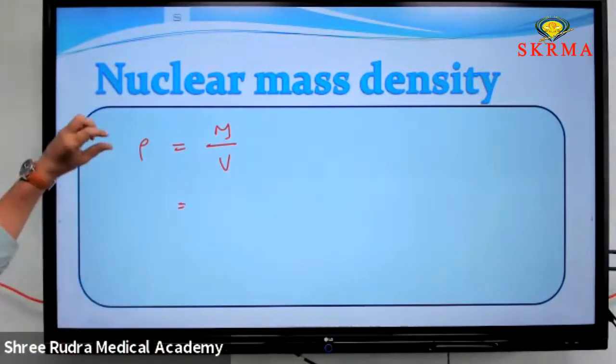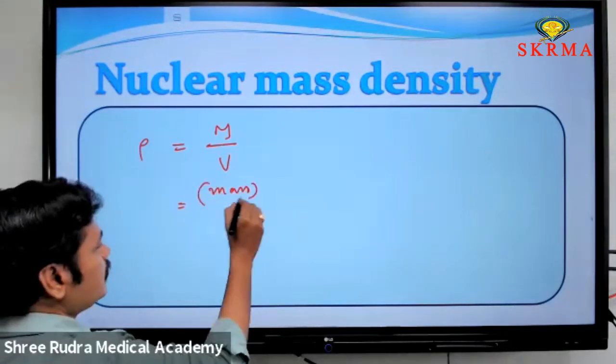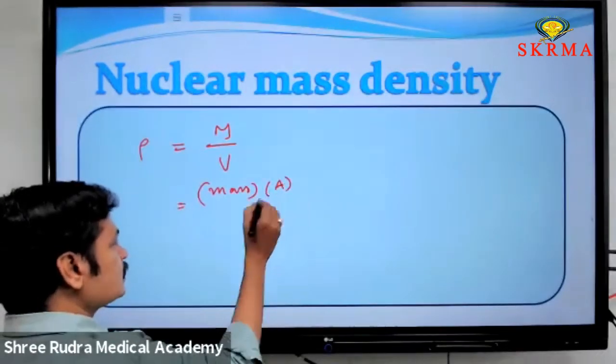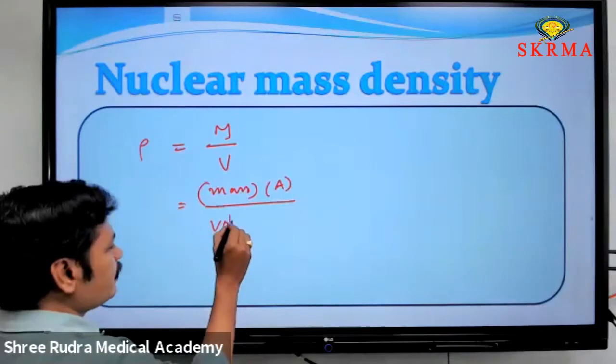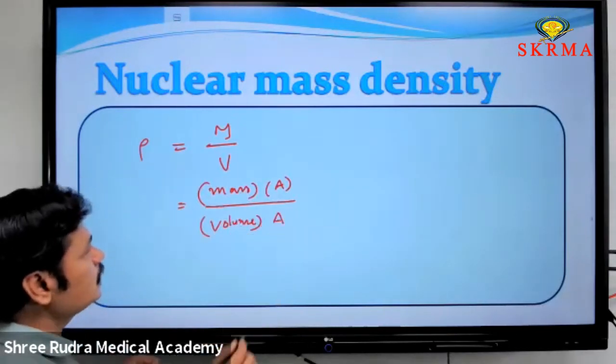Here we calculate the mass of a number of nucleons by the volume of a number of nucleons.